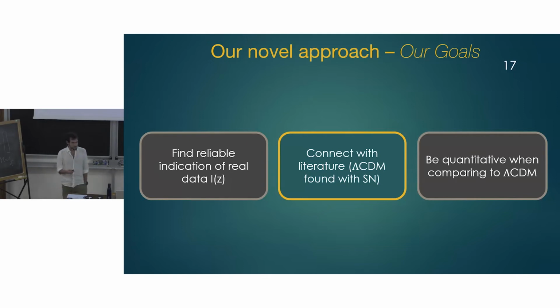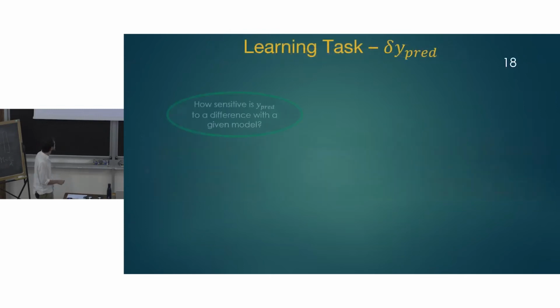So let's try to address this problem now. Why can we not fit the supernovae data? The question we asked was, how sensitive is our prediction with respect to a given model, so a given shape of the function?